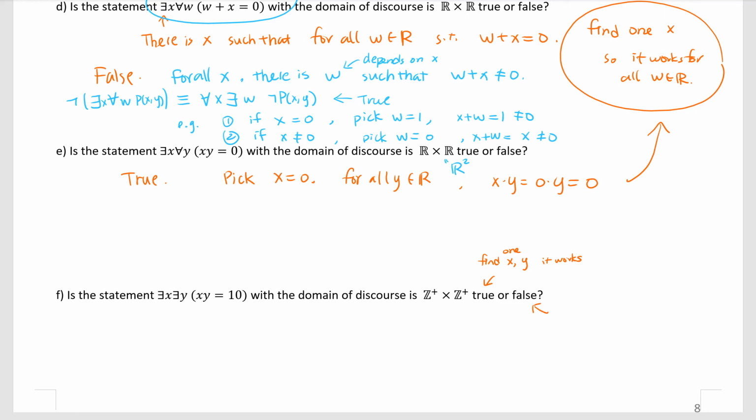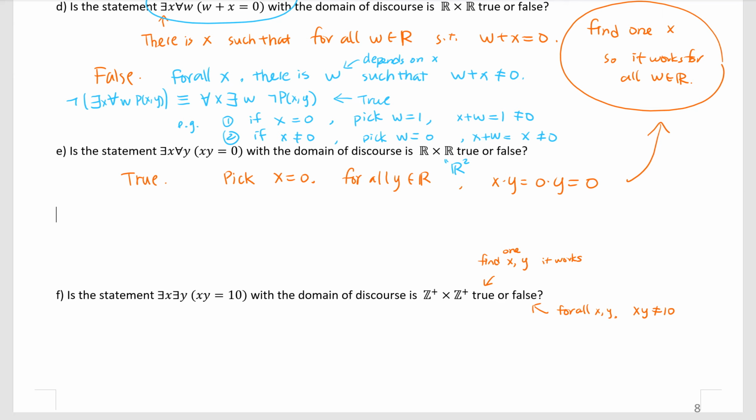And if we want to show it's false, because this is an existential quantifier, we have to show that no one works. So which means for all x, y, we need to show xy cannot be 10.